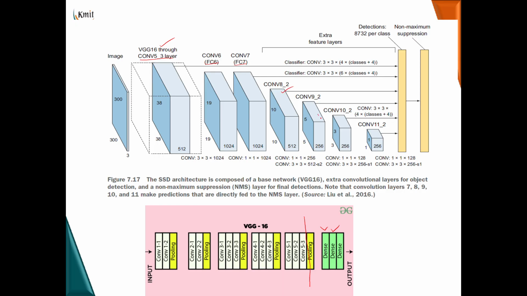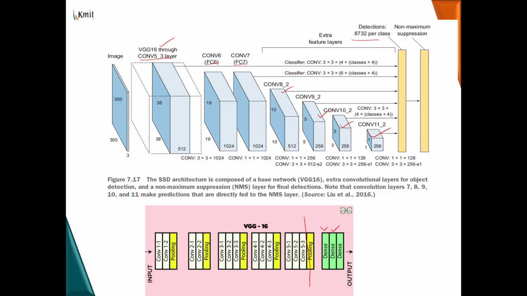And you can see here these are the extra convolutional layers which are added, which perform 2 tasks, that is, classification as well as finding the coordinates of the bounding box regression model. And outputs of all these are given here. And the total number of predictions that you can see is 8,732.